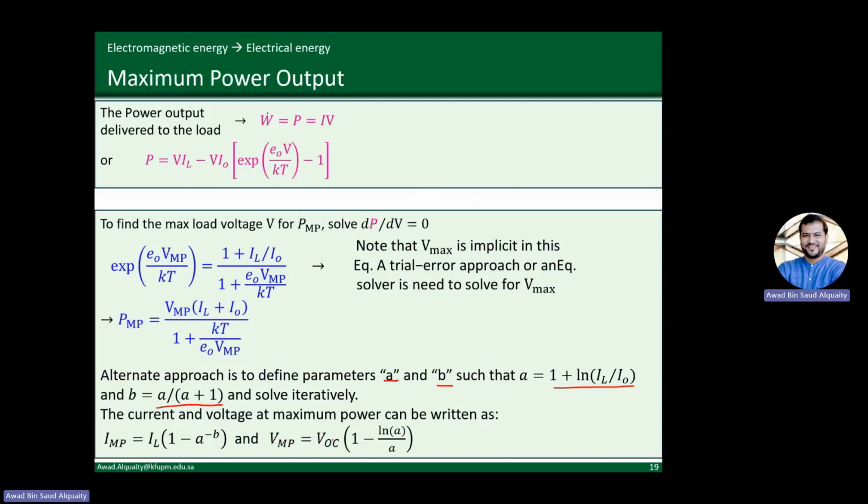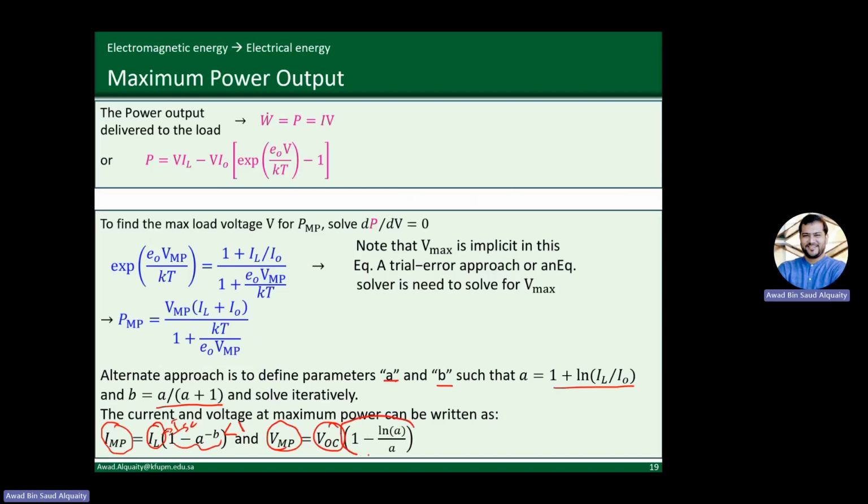Now, the beauty of this equation is that we're getting the maximum power point or the current for maximum power in terms of the maximum possible current in the circuit, which is IL or ISC, short circuit current, times something. So the something right here, we know it's going to be smaller than 1, right? Because IMP is smaller than ISC. Same way, we are getting the voltage for maximum power in terms of the open circuit voltage, which is the maximum voltage you can get in the circuit, times 1 minus ln A by A, right?